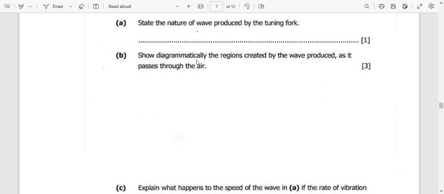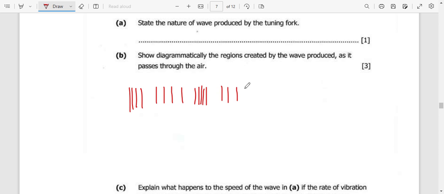Question B. Show diagrammatically the regions created by the wave produced as it passes through the air. We're going to have this, and then we are going to have some spaces. Then we are going to have these which are closer.